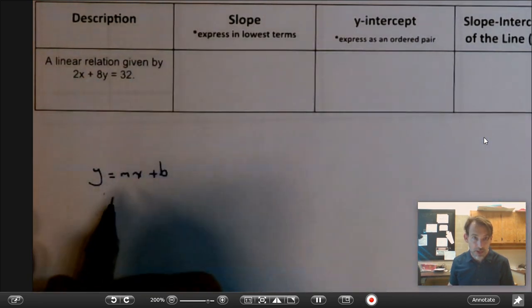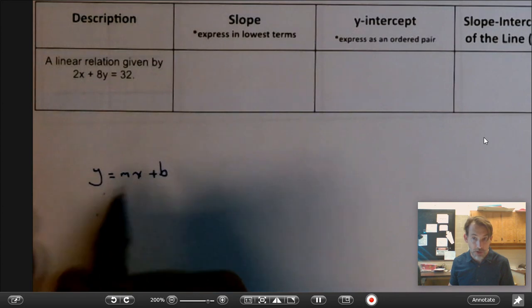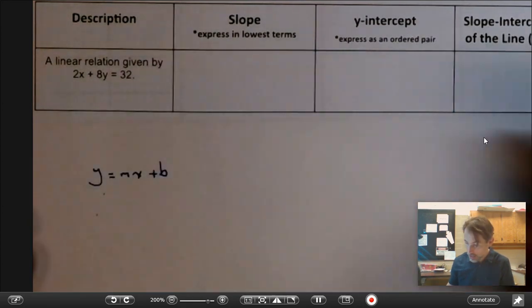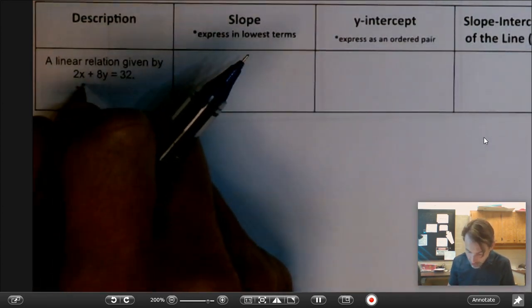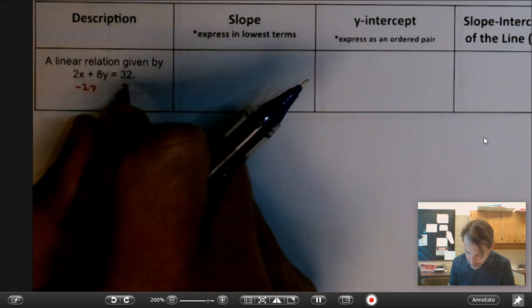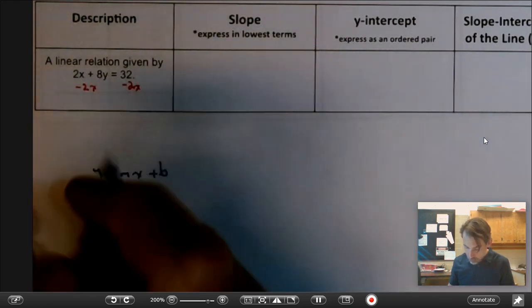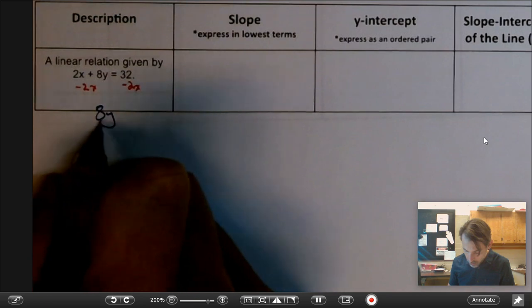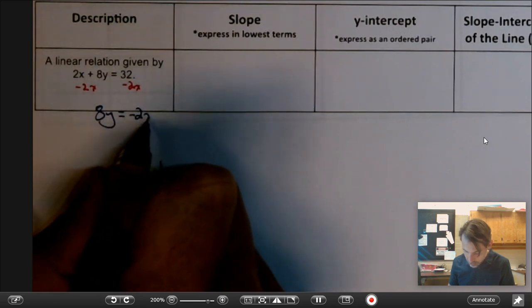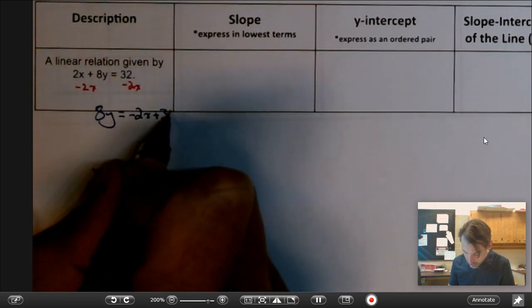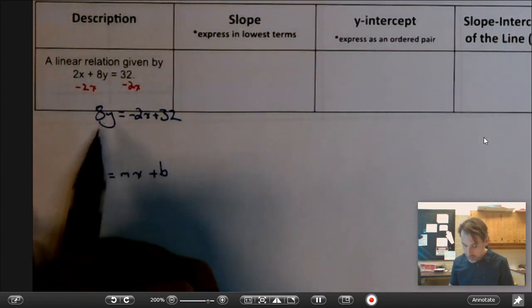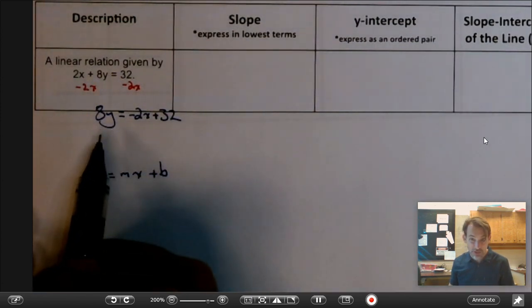Okay. So I noticed that my y and my x are on opposite sides of the equal sign. So let's do that first. So we're going to subtract 2x from both sides. So we will have 8y is equal to negative 2x plus 32. Okay. And then we usually have y alone, not being multiplied by 8.